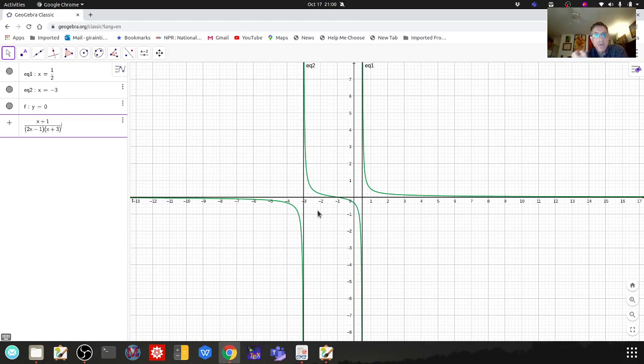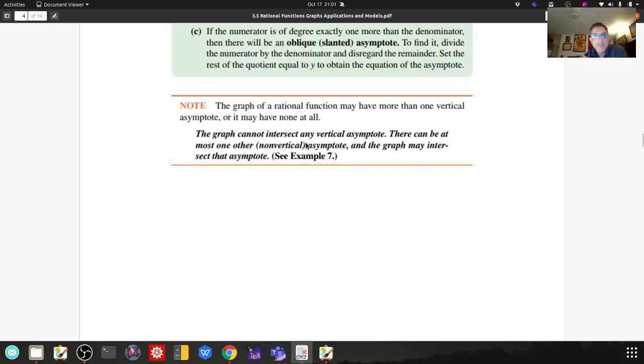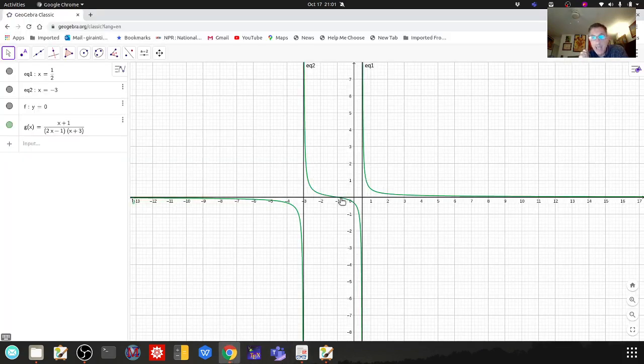So this is a perfect example of what we learned right here. The graph cannot intersect any vertical asymptote. There can be at most one other non-vertical asymptote, and the graph may intersect that asymptote, and it does actually between -3 and 1/2. Pretty cool.